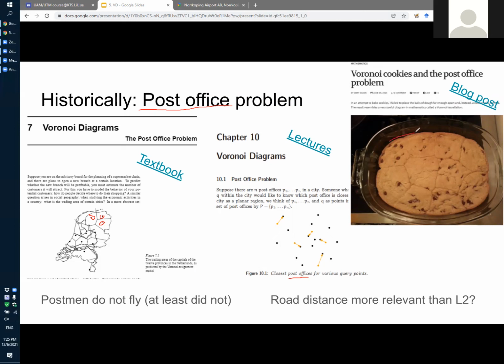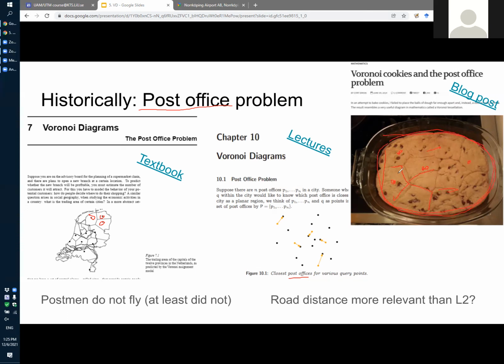Yes, again, you can see that's about post offices. And then, well, here on the picture, you don't have the post office or any area. I don't know if you see the lines when I'm sharing it in Zoom, but hopefully you may see it in the lecture. So these are the cells into which the area, in this case, this frying pan or whatever this is, was split by the different seeds from where the dough was prepared.